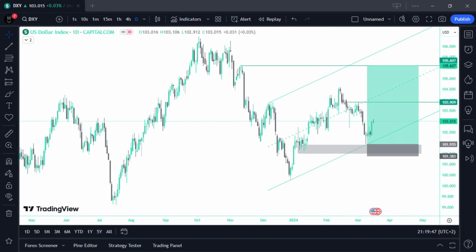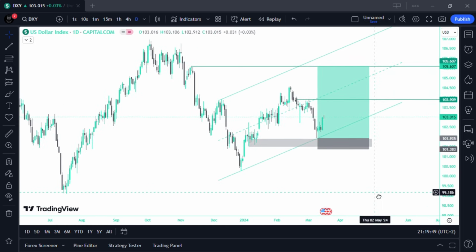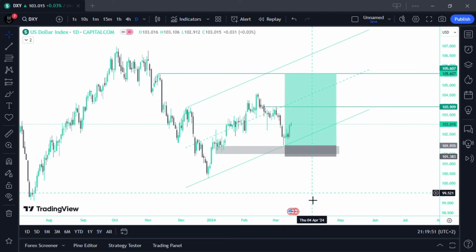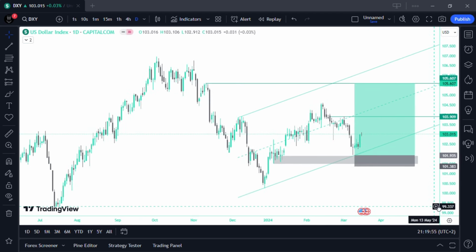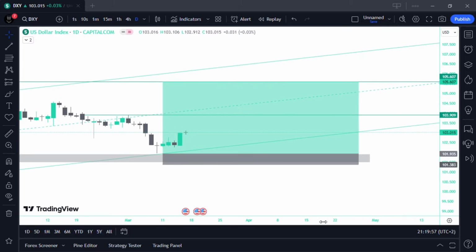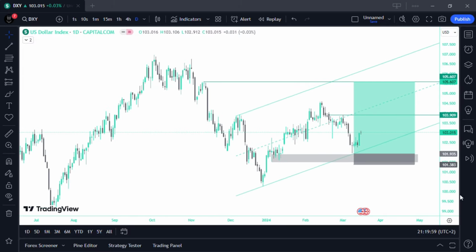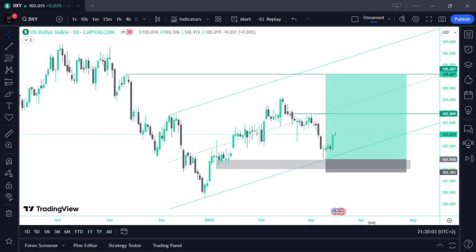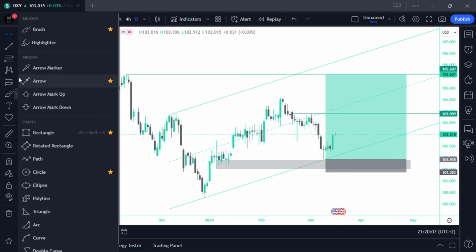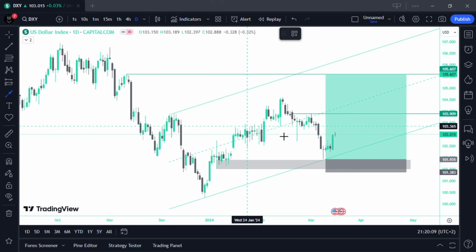So basically, as you can see, I have opened up my chart on DXY and I've already analyzed the previous weekend. The dollar index is currently indicating a possible bullish continuation, but there's going to be a bit of a struggle because we will face the $103 mark on the dollar index.